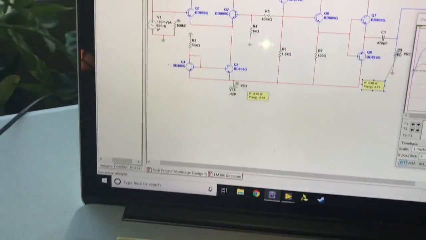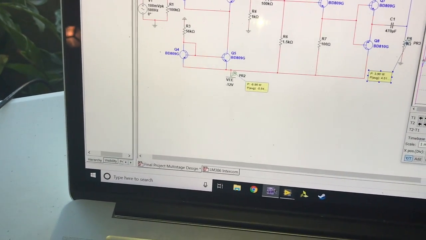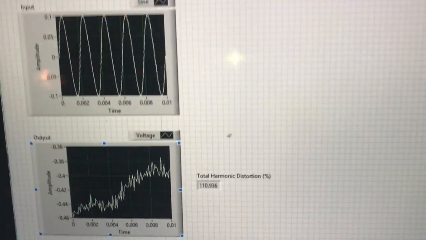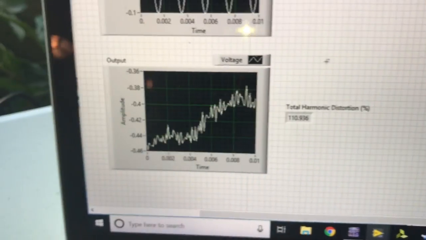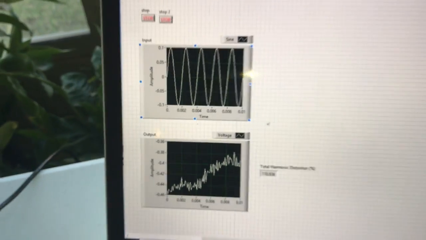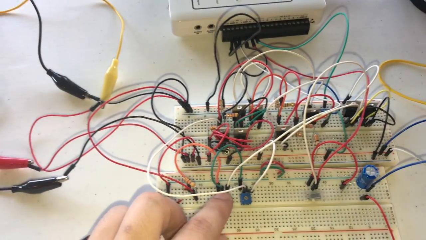Now we can go and pull up LabVIEW. We have the same setup as before: total harmonic distortion as a percentage, the output waveform, and the input waveform. Flip these switches.